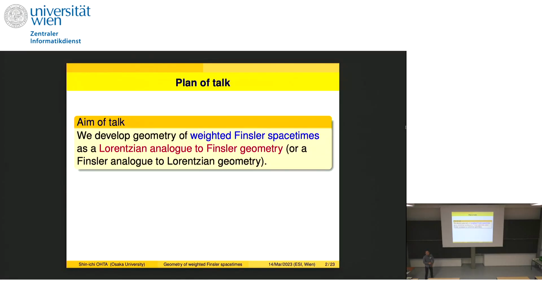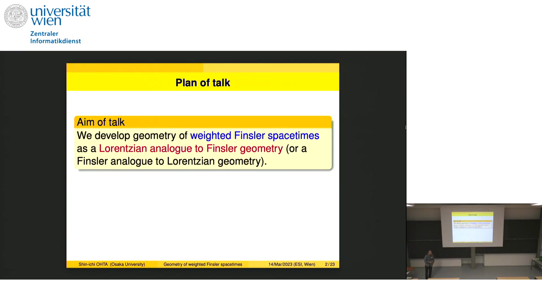So this is the plan and aim of my talk. We developed geometry of weighted Finsler spacetime. My viewpoint of this project is a Lorentzian analog to Finsler geometry. My background is really positive definite. I did Riemannian geometry and Finsler geometry, and I did some work about weighted Ricci curvature, also called Bakry-Émery Ricci curvature, in the Finsler setting.